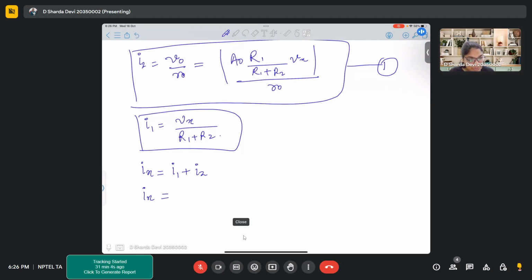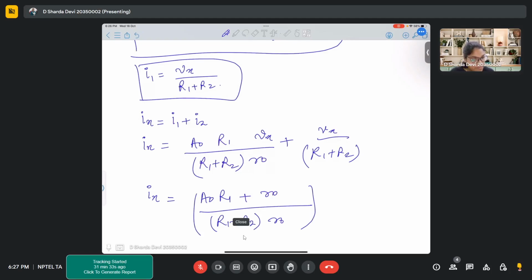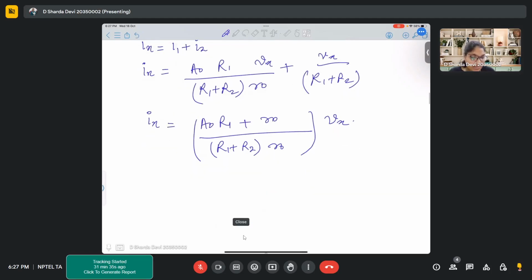So Ix equals A naught R1 upon (R1 plus R2) into R naught, Vx, plus Vx upon R1 plus R2. So Ix is (A naught R1 plus R naught) upon (R1 plus R2) into R naught, into Vx.